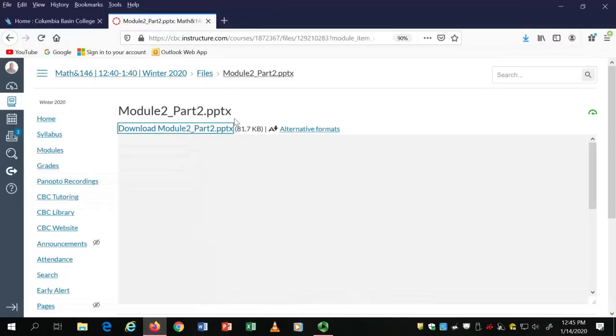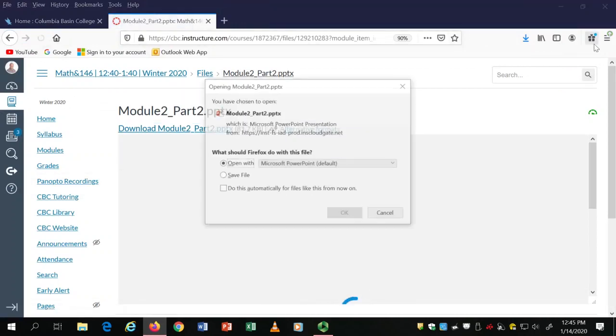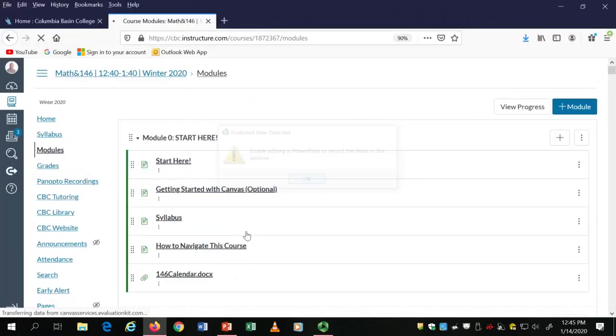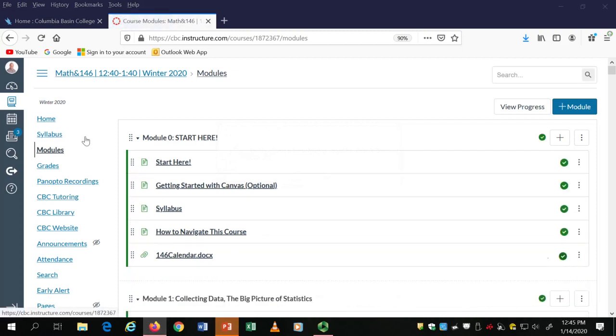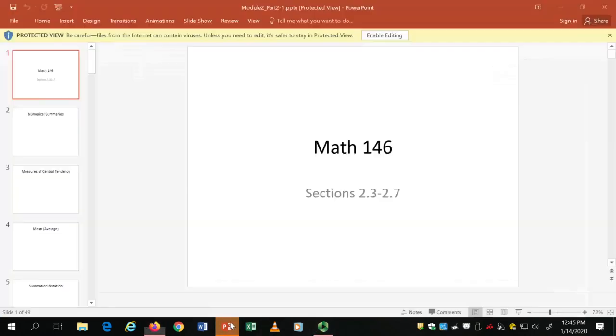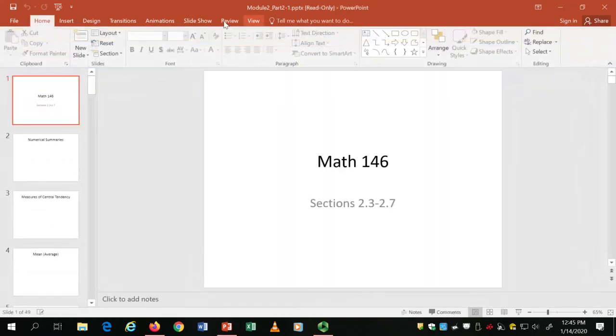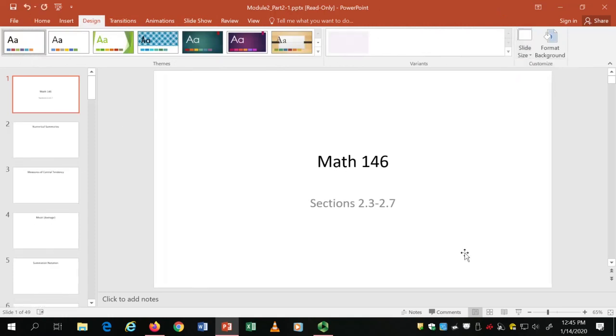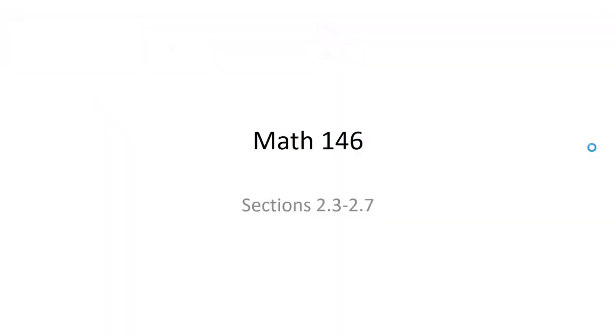Come on, PowerPoint. Maybe I'll get Canvas so it's not thinking. Yes, I know. Aha, thank you. Well, let's make it wider, might as well. Let's get started. Sorry.